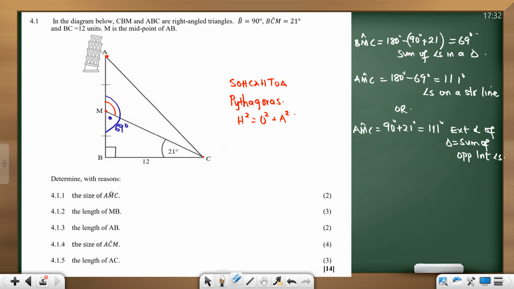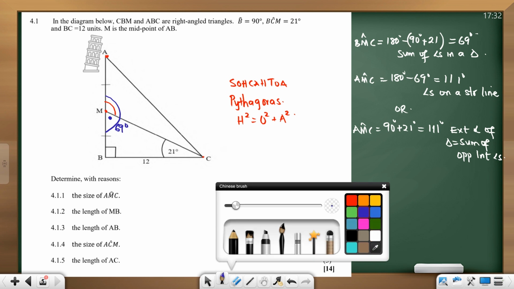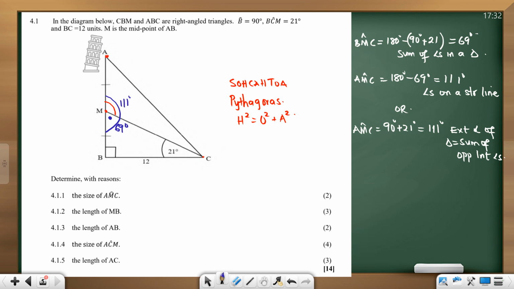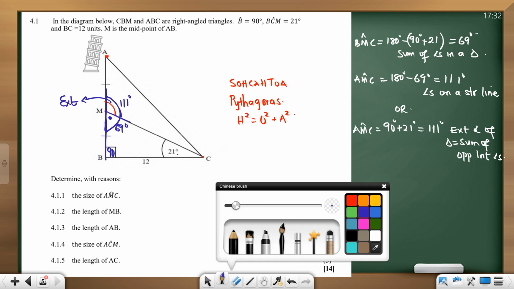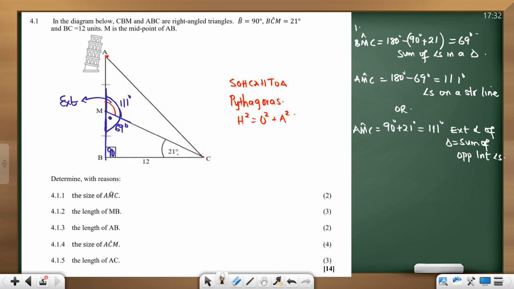In case you didn't see that, that is an exterior angle, which is the addition of 90 and 21. So the exterior angle is outside the triangle, and it's an extended line. So exterior angle is equal to sum of opposite interior angles. That's number one. We could have done it both ways.